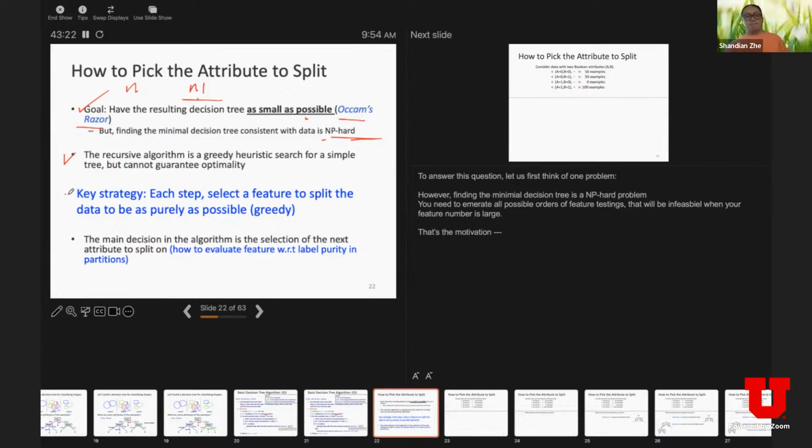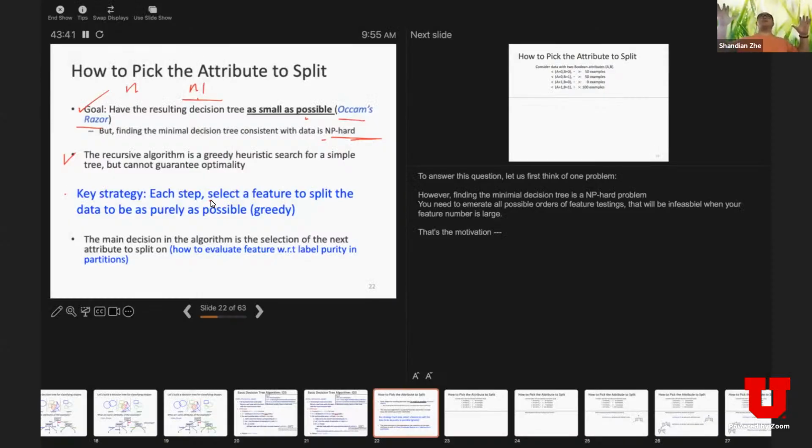Instead, every time I'm going to just select a feature to split the data to make it as pure as possible, based on the previous result. I pick the best attribute, meaning that using that attribute, the purity of labels across those subsets increases the most.